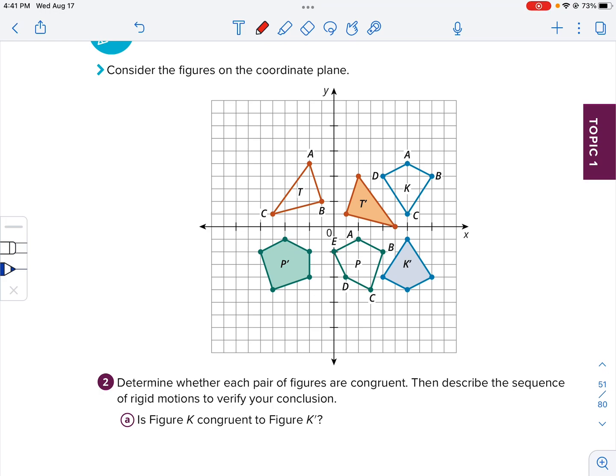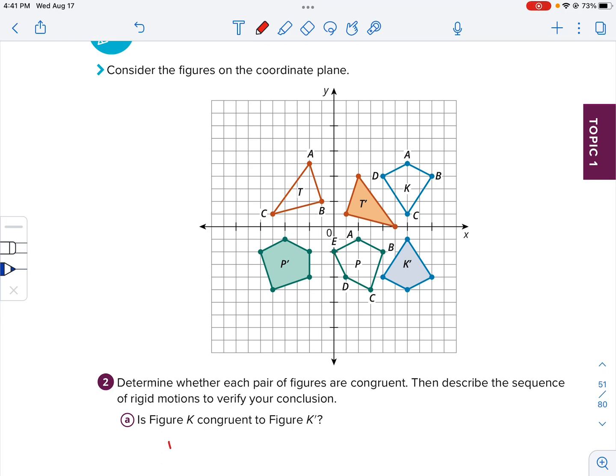Okay, so I'm looking at this. I have figure T, K, and P. We have to decide, are they still congruent? If I take a piece of patty paper and put it on top of it, you decide whether or not they're congruent.